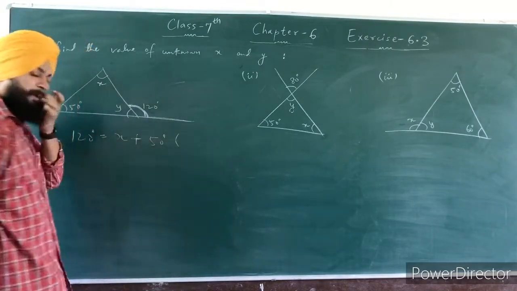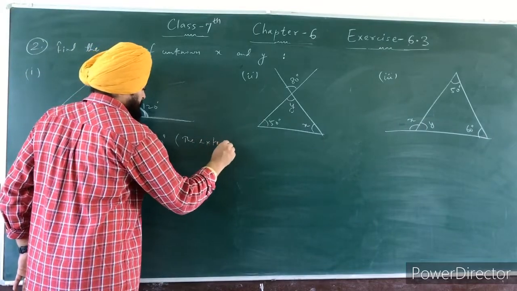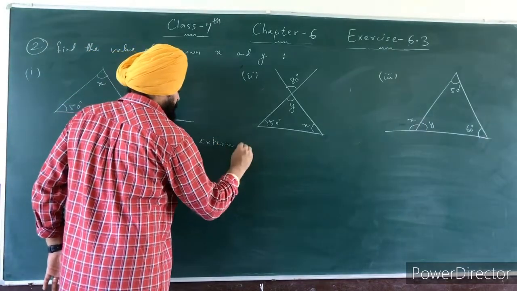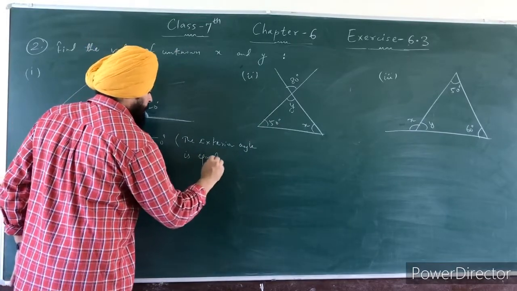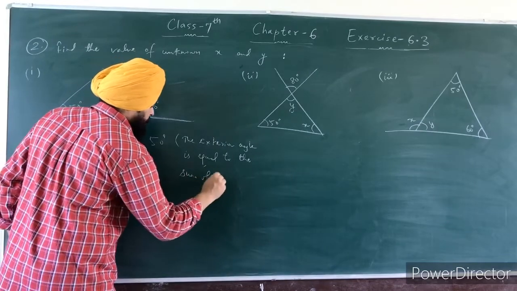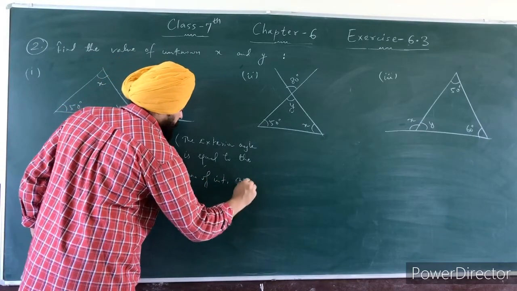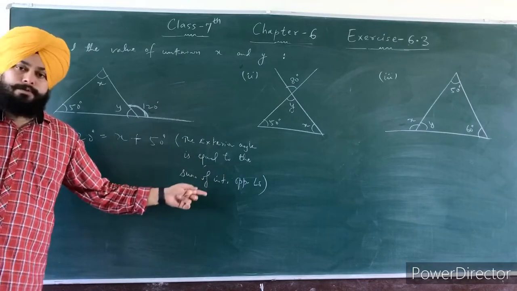So you can write the property here. The exterior angle is equal to the sum of interior opposite angles. Alright students, we can write the property also.